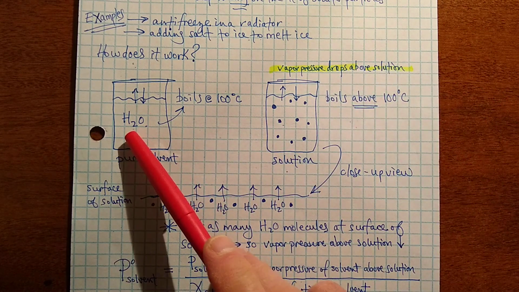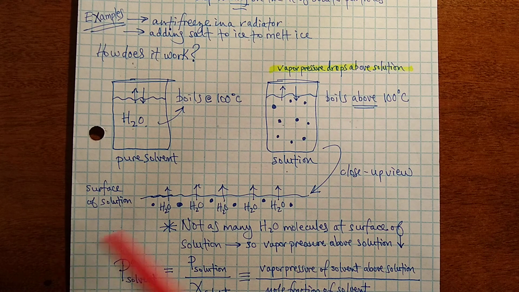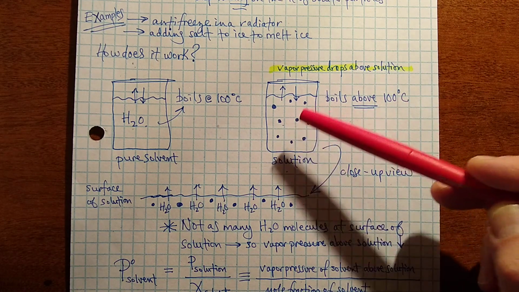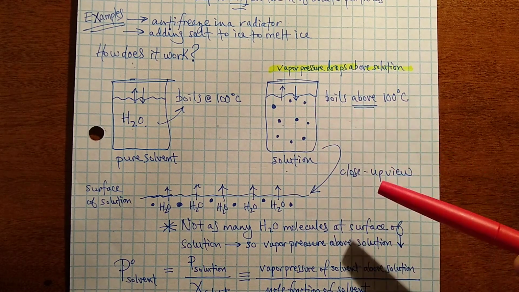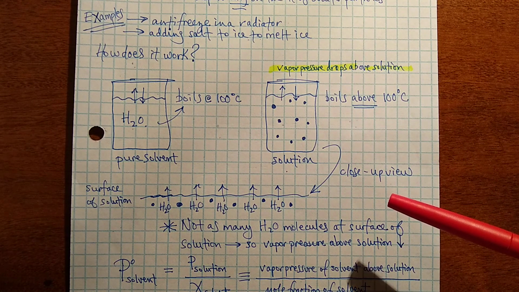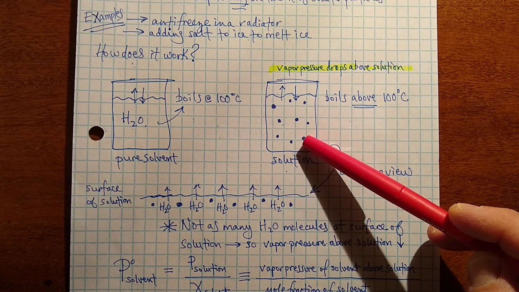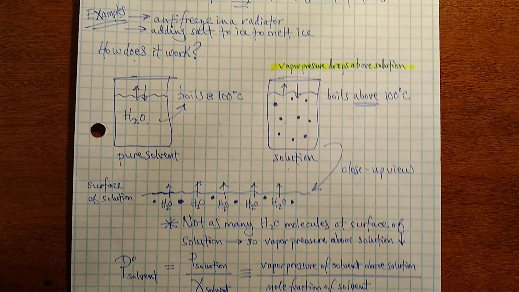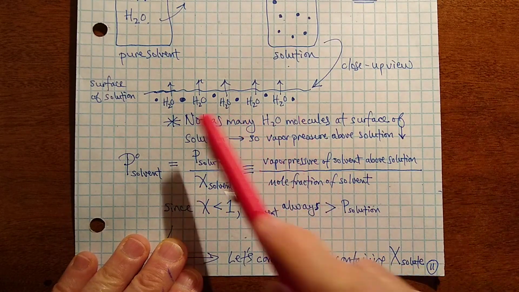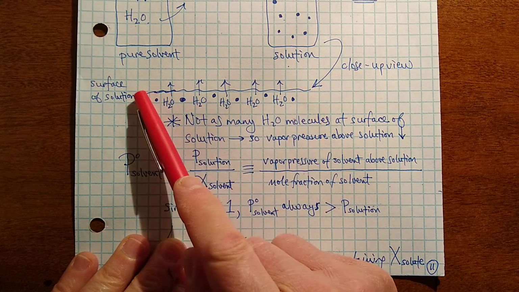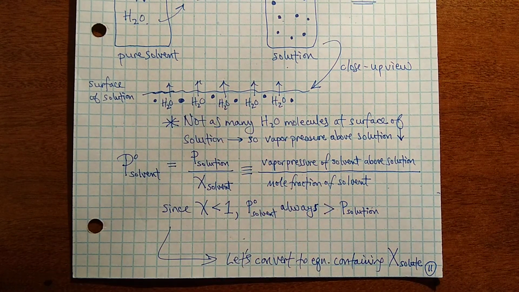But we know that pure water boils at 100 degrees Celsius. If you dissolve something in the water, it actually boils above 100 degrees Celsius. Why is that? Why does the boiling point of the solution go up? Why is it higher than the pure solvent? Well, if you look at a close-up picture, this is the surface of the solution.